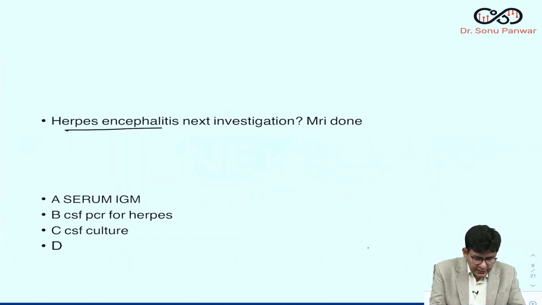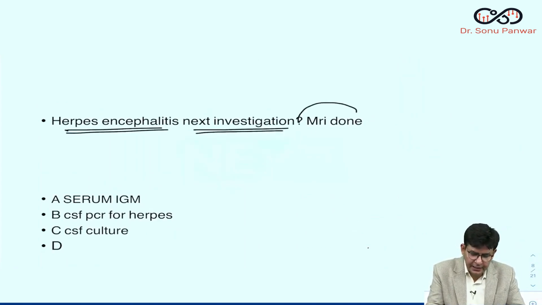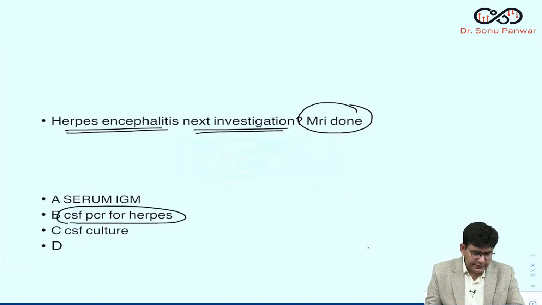Then this was the herpes encephalitis one, with the next best investigation, and the MRI was done and all that was given off, and they have asked which particular investigation you will go for. So obviously you will go for the CSF PCR for the herpes simplex virus, which is HSV1.